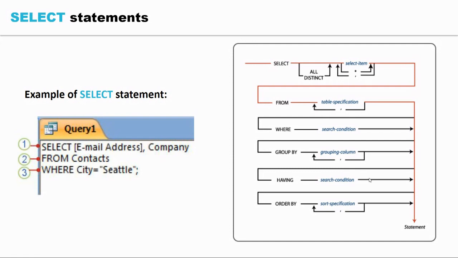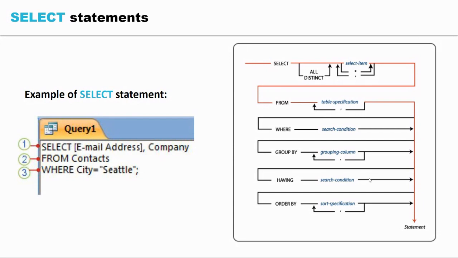You can see in this very simple example a real SQL statement. It always starts with select, and after select you should provide the titles of the columns, then after from, the name of the table you're going to take these columns from, and also you can provide some search conditions, some parameters.